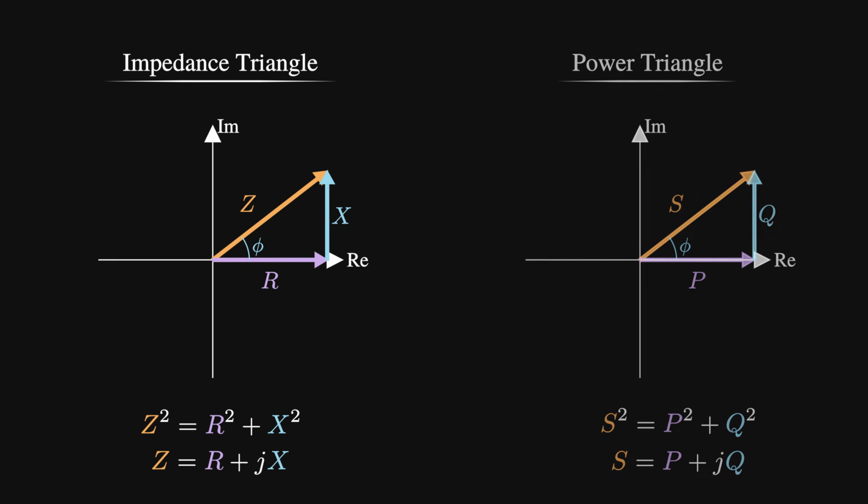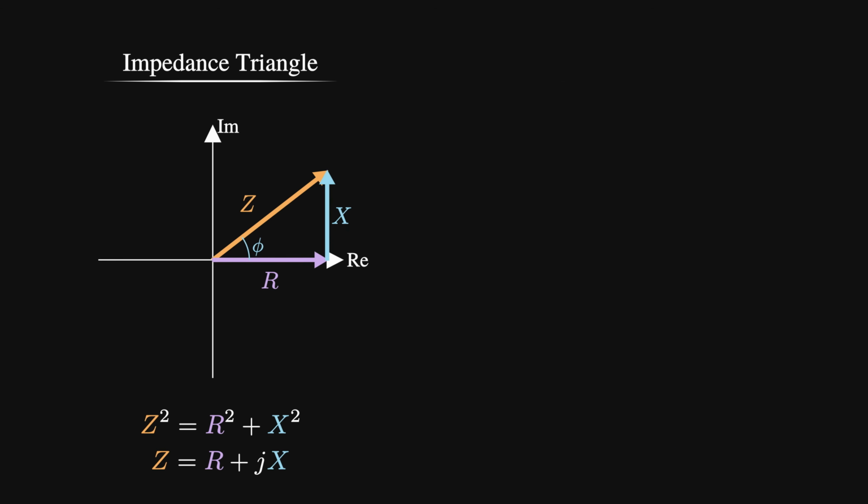There's one more brilliant trick we can do here. As we saw last time, the impedance allows us to make an AC version of Ohm's law, which is V equals I times Z. We'll use RMS current and voltage, so we can substitute this into our power equations.